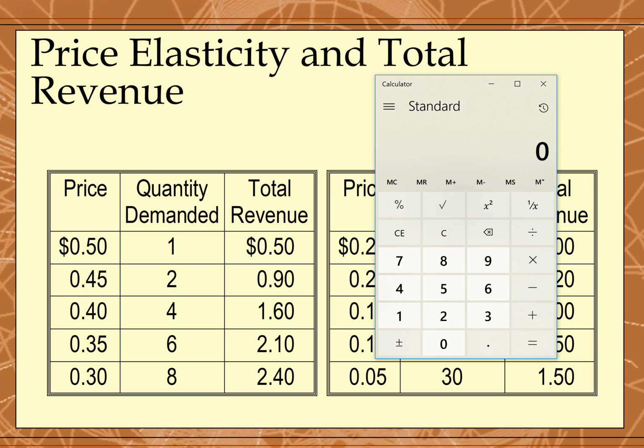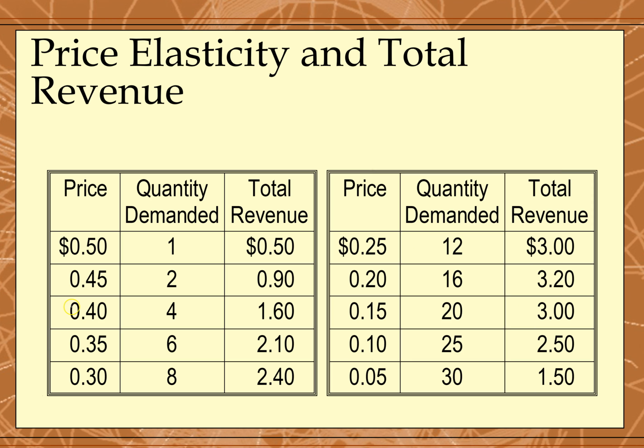Let's say we're currently charging a price of 35 cents, and our demand is 6. What if we lower the price to 30 cents? Our demand is going to be 8. We can plug these numbers into the formula.